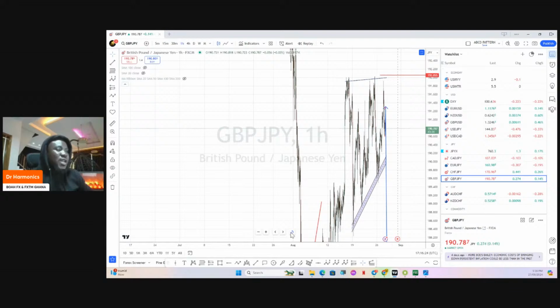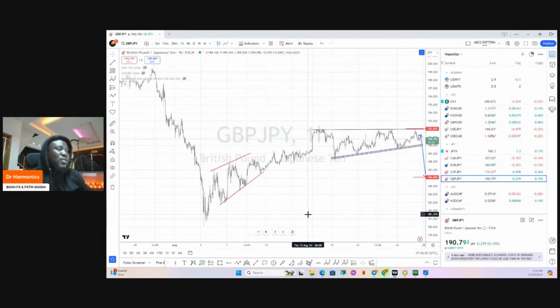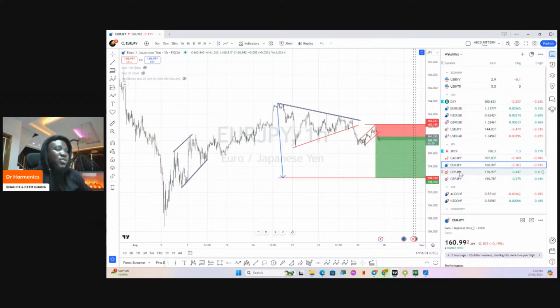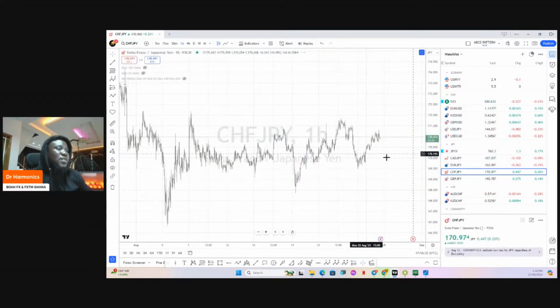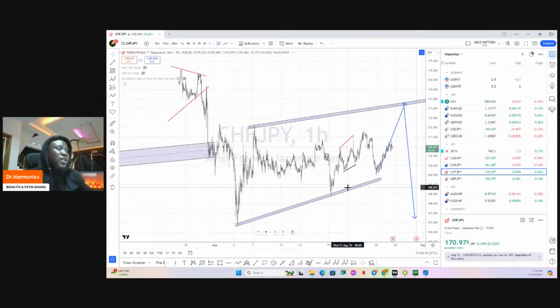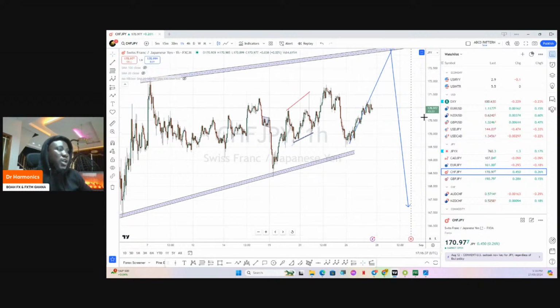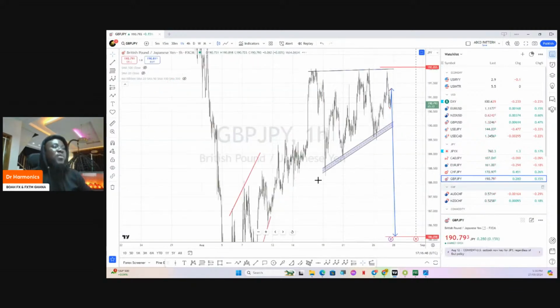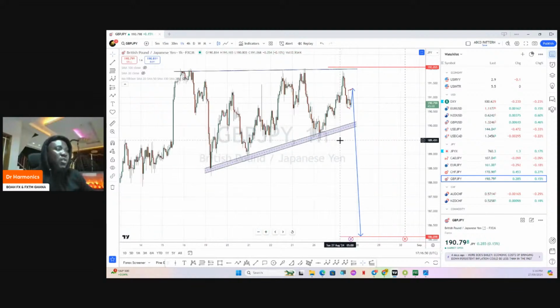All the pairs are actually dropping, like Euro JPY dropping from the zone. It has already dropped. CHF JPY is expected to go up. I was expecting it to move up to complete the ABC pattern before the drop, so I will stay off that one.